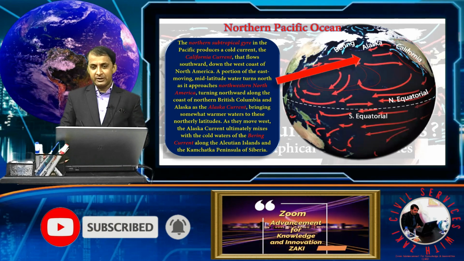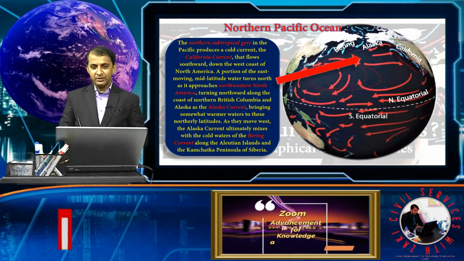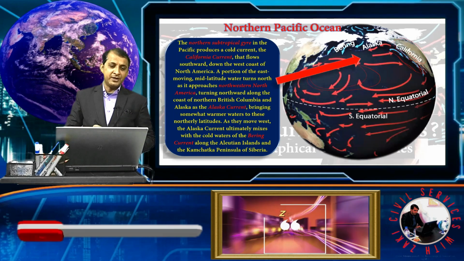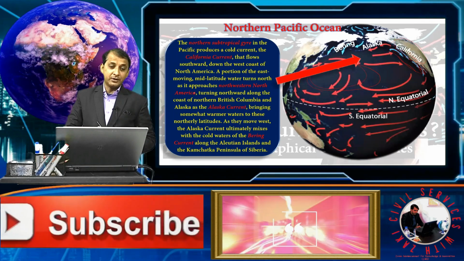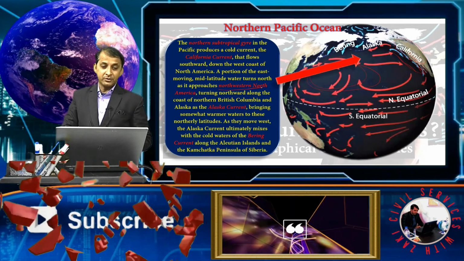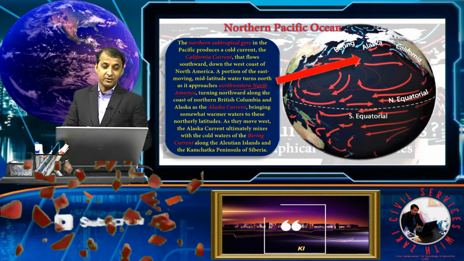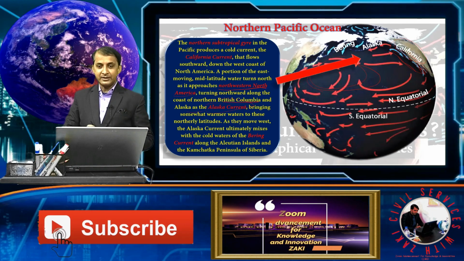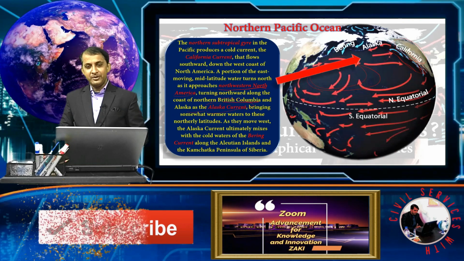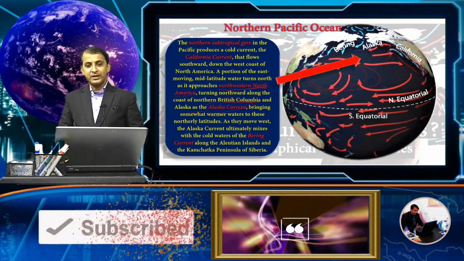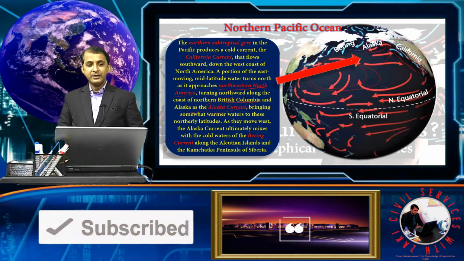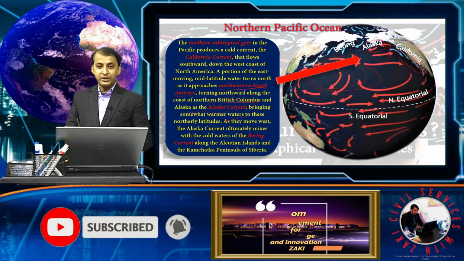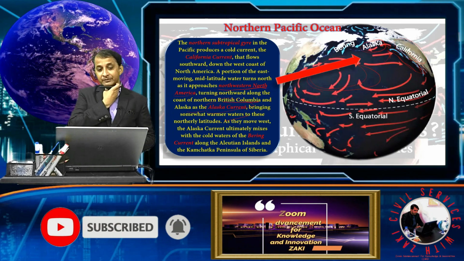A portion of the east moving mid latitude water approaches northwestern North America, turning northward along the coast of British Columbia and Alaska. It is the Alaskan current. Finally, this mid latitude warm current moves towards Alaska, bringing somewhat warmer water to these mostly northern latitudes.